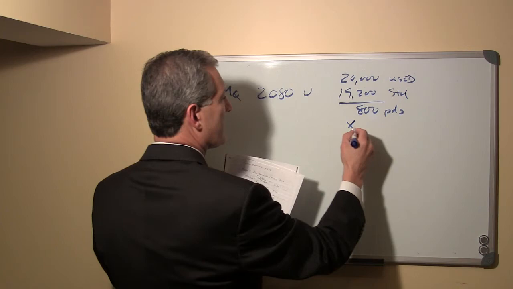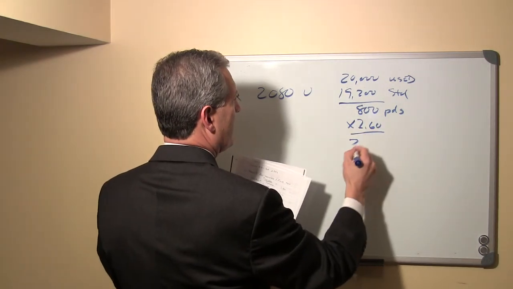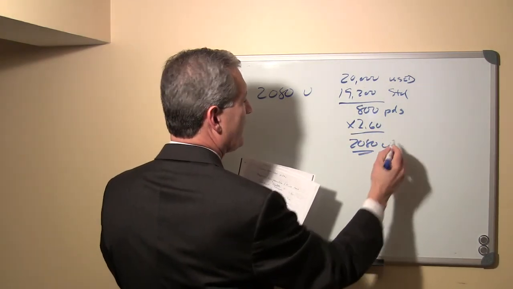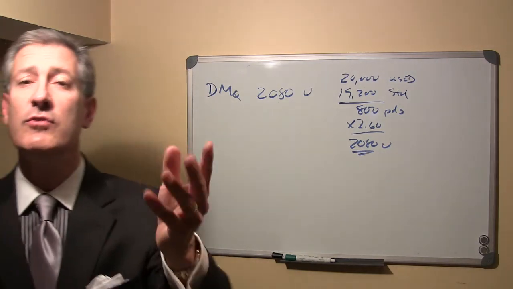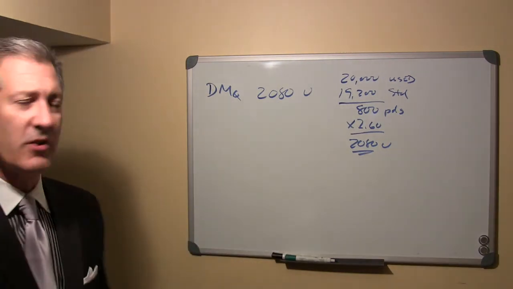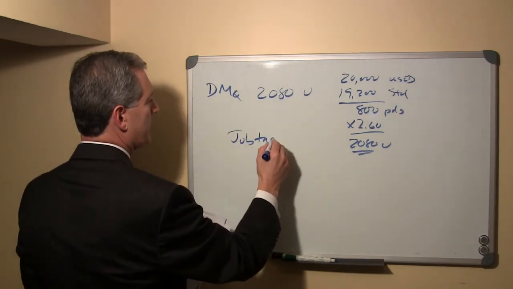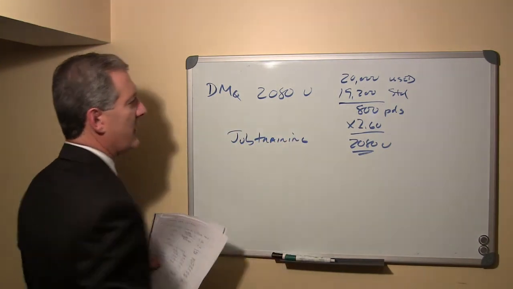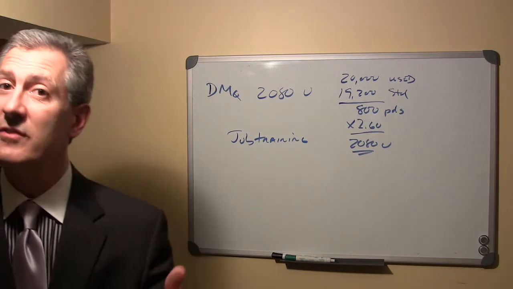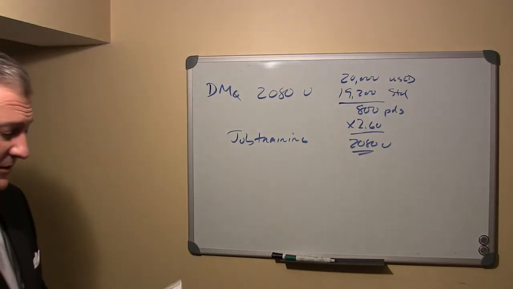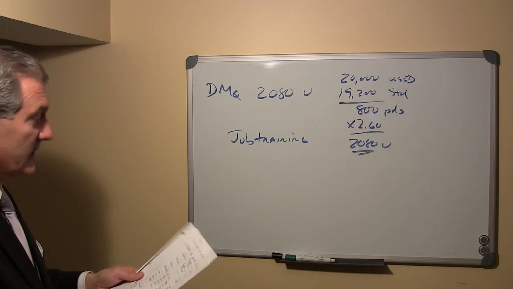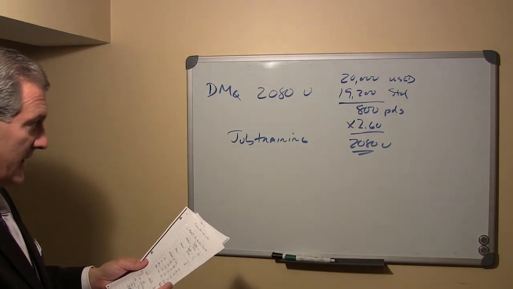At $2.60, that is a $2,080 unfavorable variance. They used 800 pounds too much. What is the corrective action? I would suggest job training of their employees so they don't waste as much. There's a chance they wasted material. They needed to keep an eye on that.